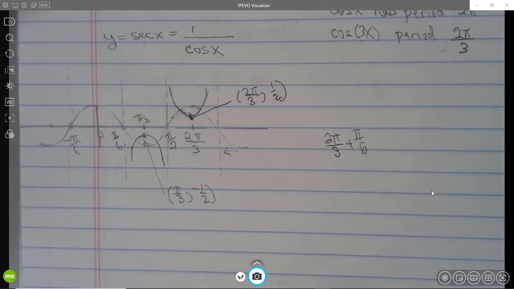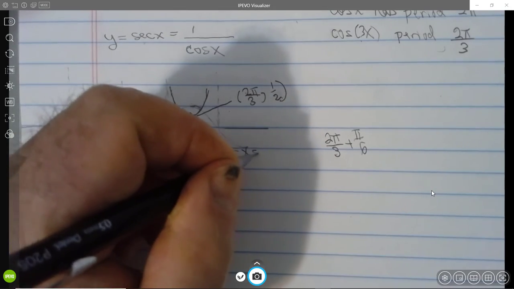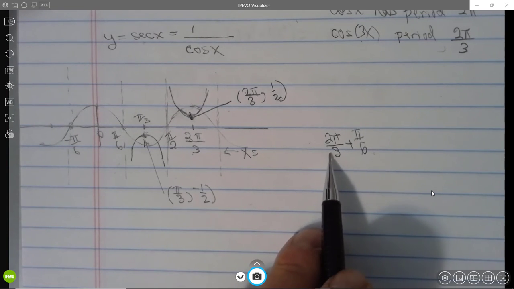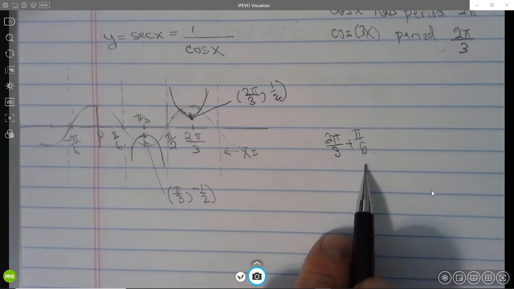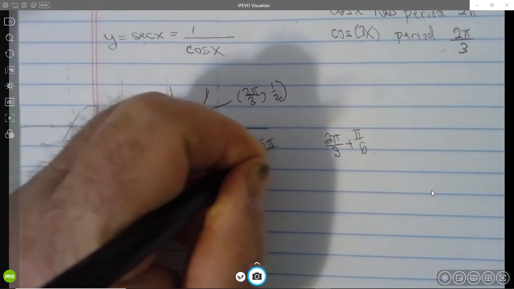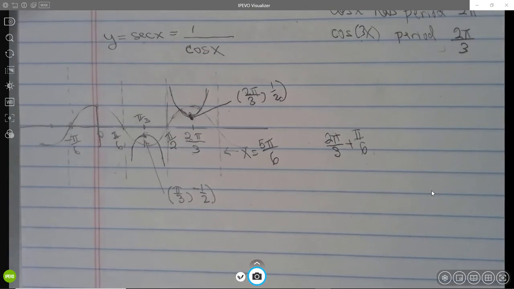So the equation of that line is x equals this value. Well, multiply up and down by 2. 4 pi over 6 plus pi over 6 makes 5 pi over 6. So 5 pi over 6 there.